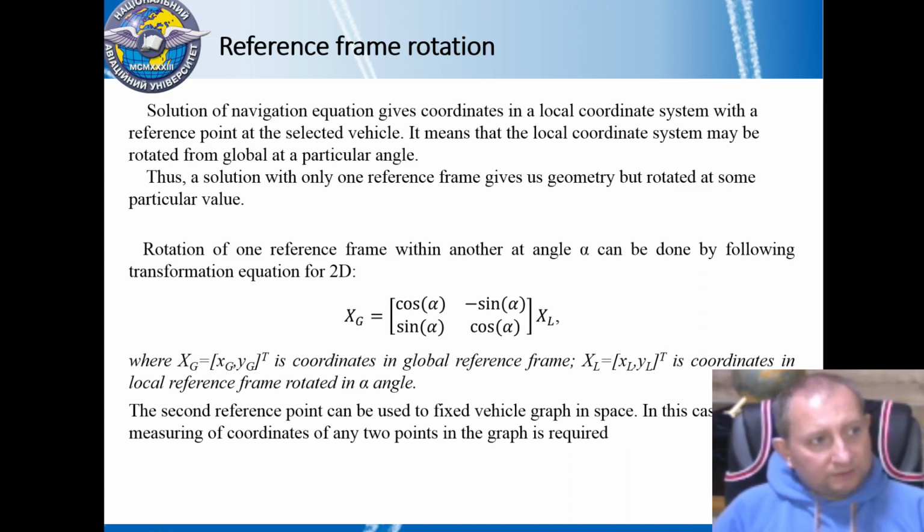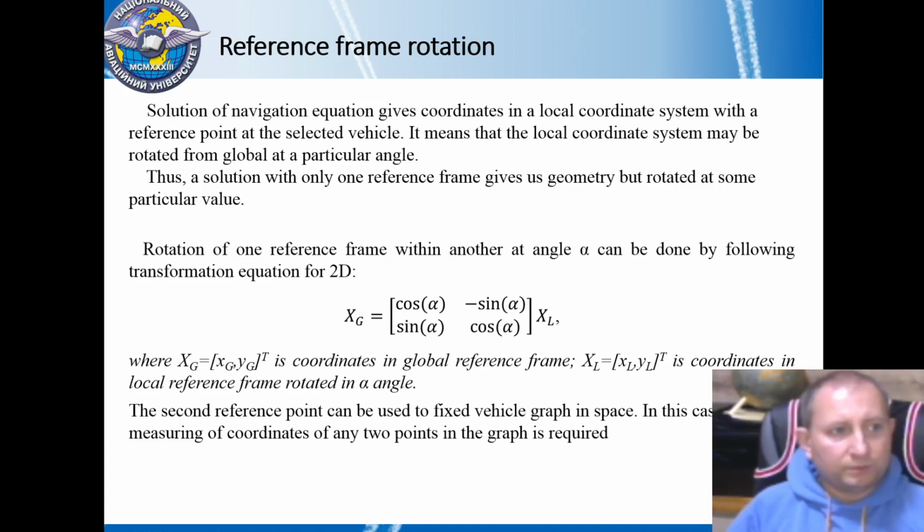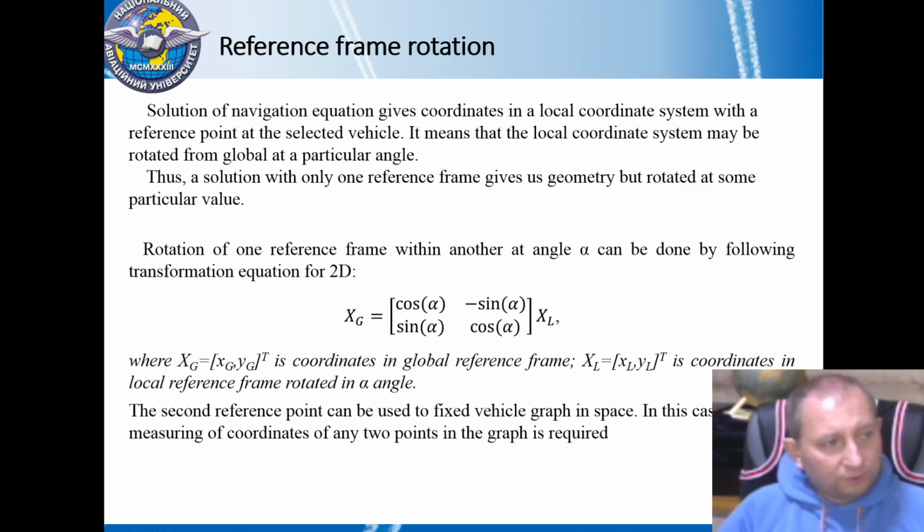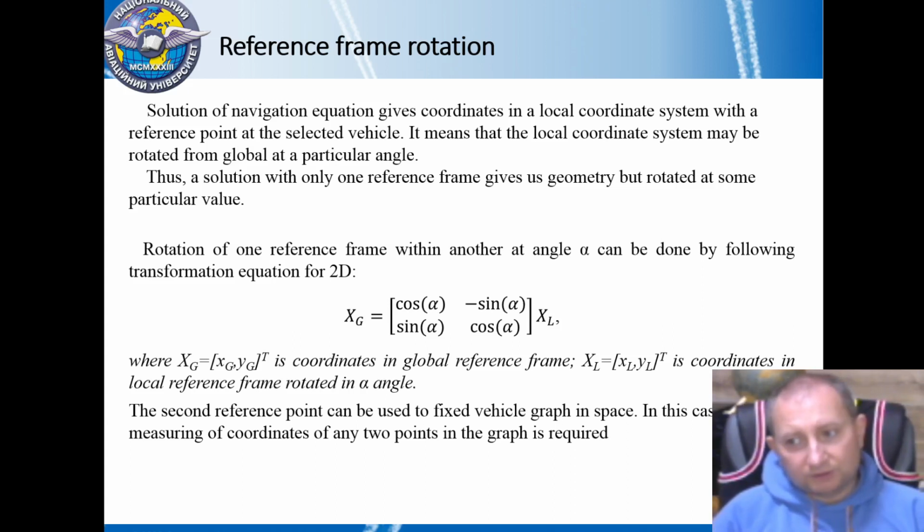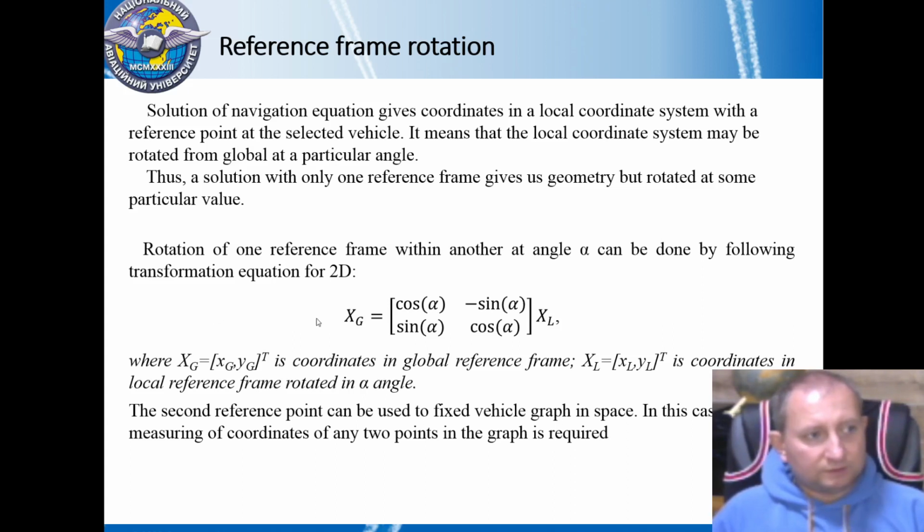Rotation of one reference frame within another at an angle, for example alpha, can be done by the following transformation equation for the case of two-dimensional space. Here we have the global reference frame.